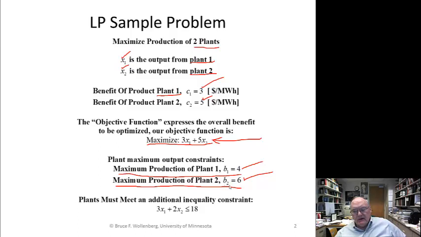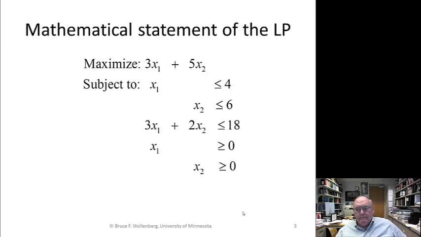These variables b are what we call the right-hand side. In addition, we're going to add this constraint that must be met, that 3x1 plus 2x2 must be less than 18.